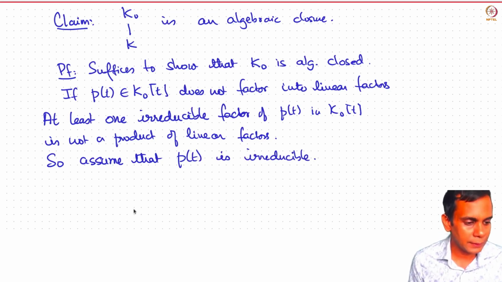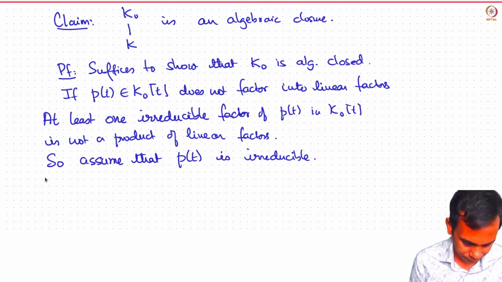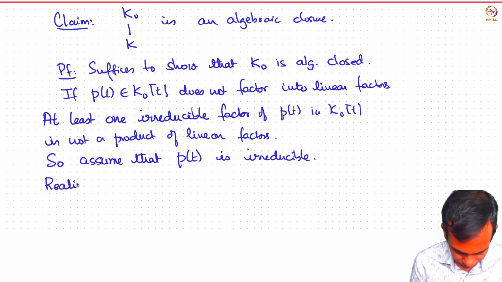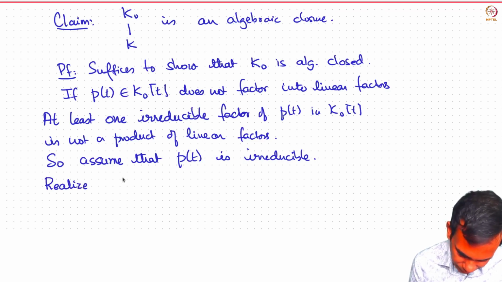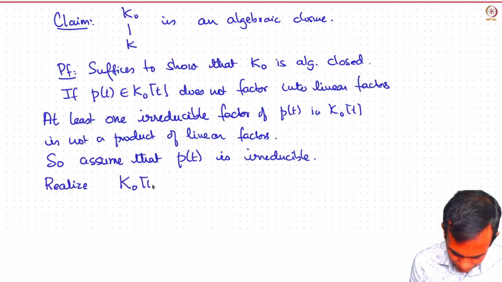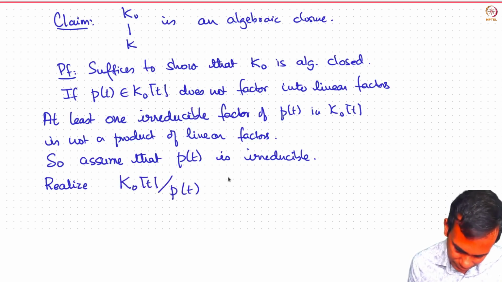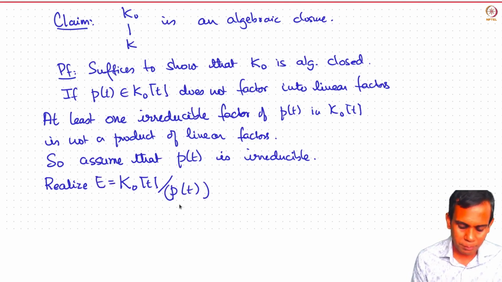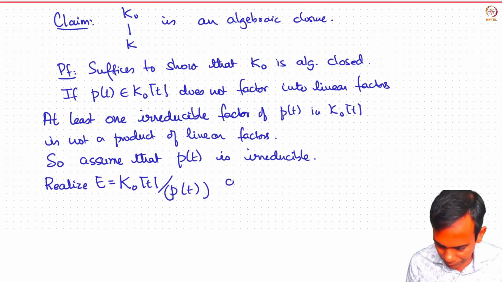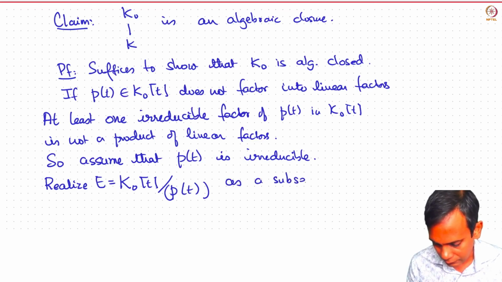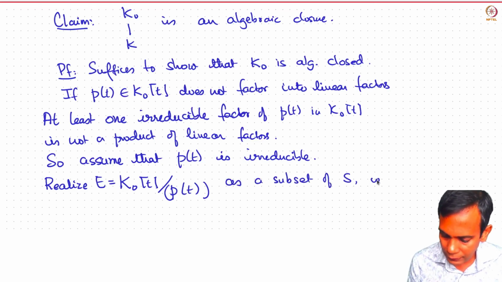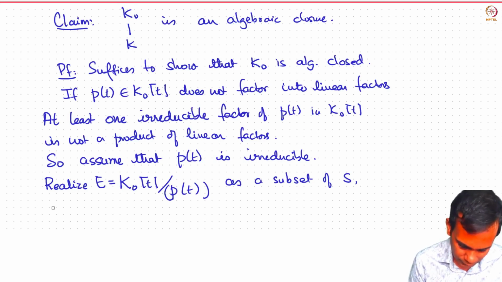Now what you do is realize the field extension K0[t] mod p(t) as a subset of S. So let's call this E. So p(t) is irreducible, so K0[t] mod p(t) is a field as a subset of S, with K0 sitting as constant polynomials.